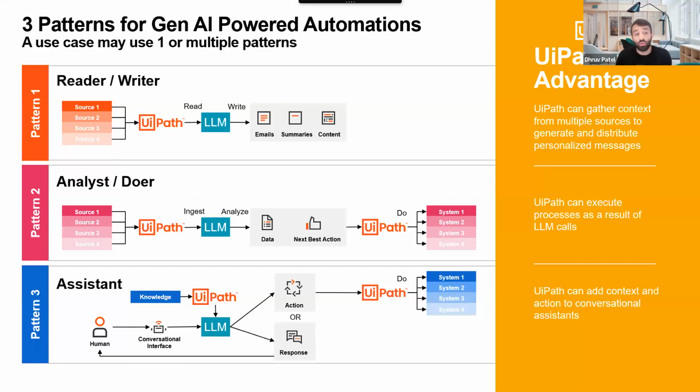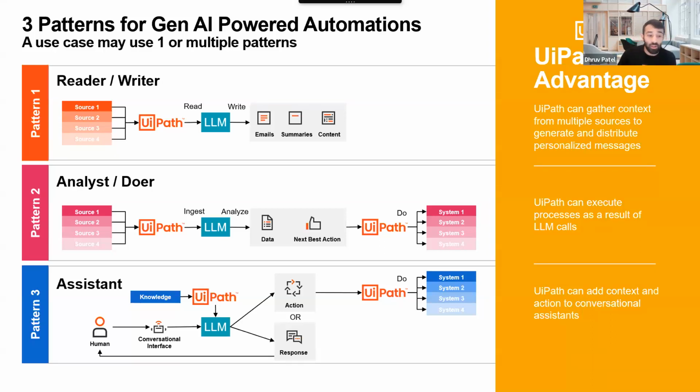You have the Analyst Doer pattern, right? This is where you're going to be analyzing information from multiple sources, source systems, your data, but then outputting data or outputting that next best action. And UiPath can then take that output from the LLM, or act on that next best action, depending on what it is, right? Using the LLM as an analysis brain to choose what should be done next, and UiPath going and actually executing on it.